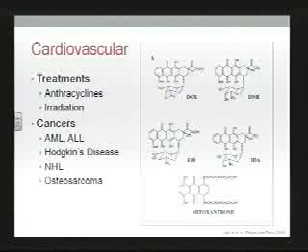They are most commonly used in pediatric cancers in AML, ALL, Hodgkin's, non-Hodgkin's lymphoma, osteosarcoma. They're very commonly used, and on a subsequent slide we'll mention that close to half of our pediatric population will receive anthracycline drugs during their therapy.